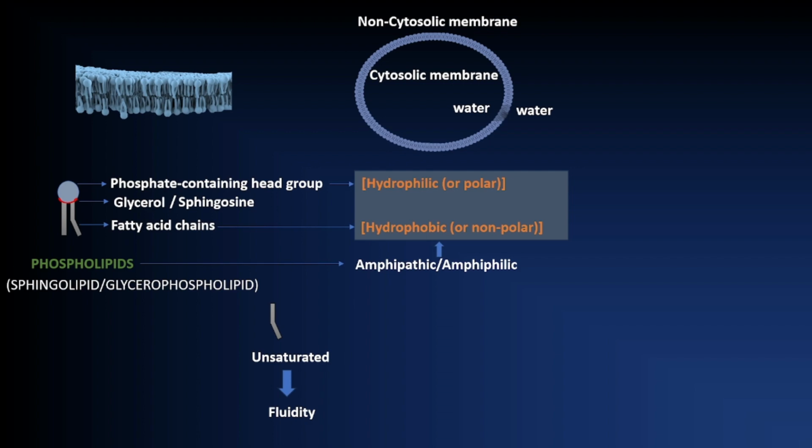Another one of them doesn't contain any double bond. It means these fatty acids are saturated. As a result, the chains are straight and easy to pack tightly. That's why the membrane is slightly rigid. So we can say that the membrane is fluid but slightly rigid.